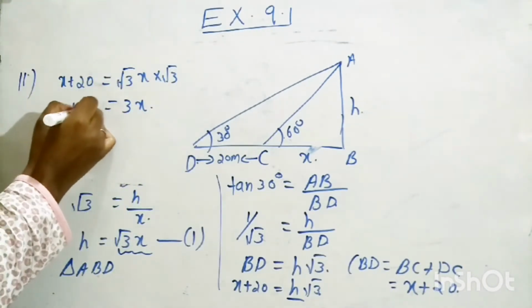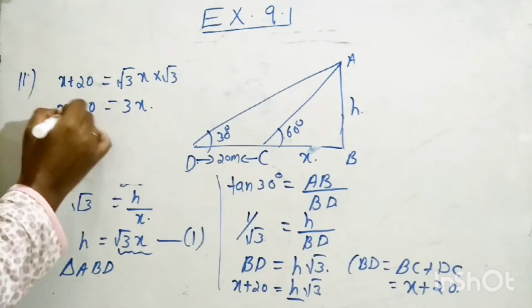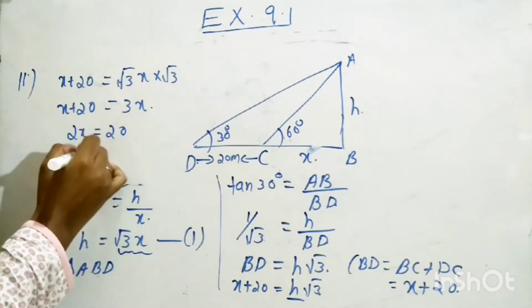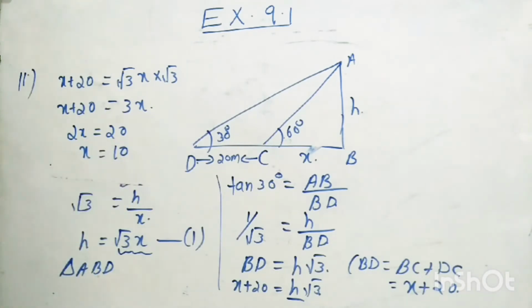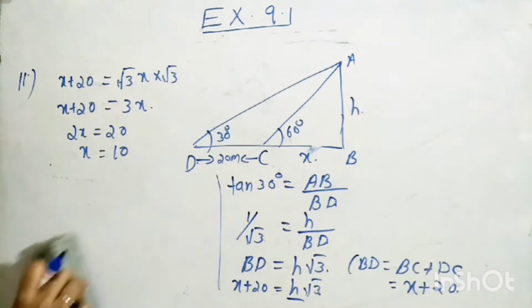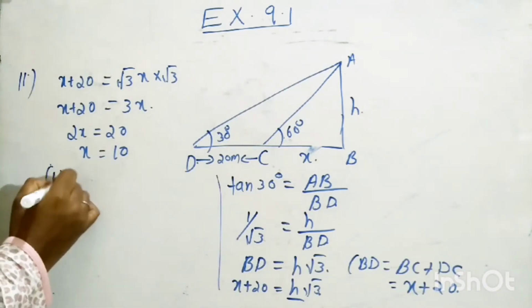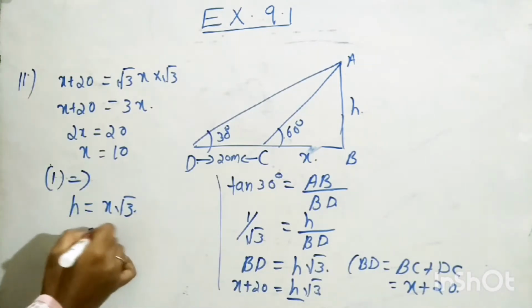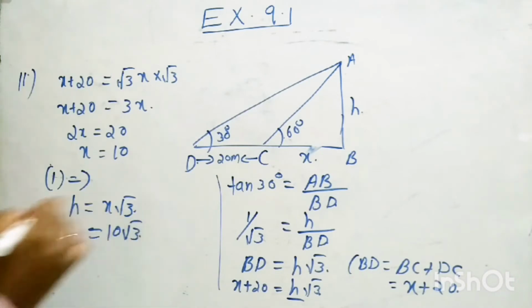And x plus 20 is equal to 3x. Take this x to the other side, then you will get 2x is equal to 20, and x is equal to 10. From equation number 1, h is equal to x root 3, that is 10 root 3.